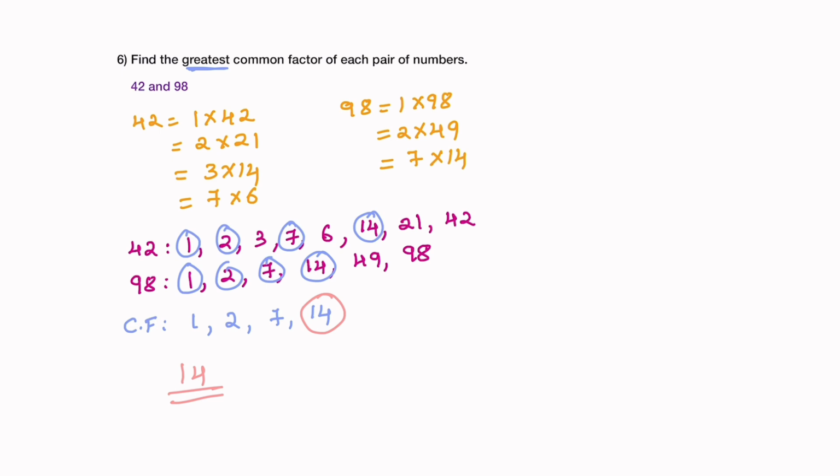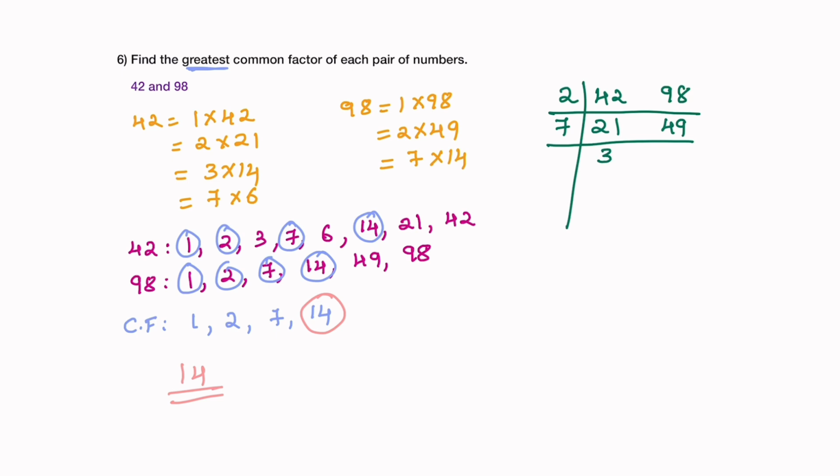Now let me use the next method, 42 and 98. This is the second method I'm trying, okay? That's 2, 21, and that's going to be 49, right? Now 21 and 49, what do they have in common? If you know your times tables, the numbers will speak to you. And it says it's 7.